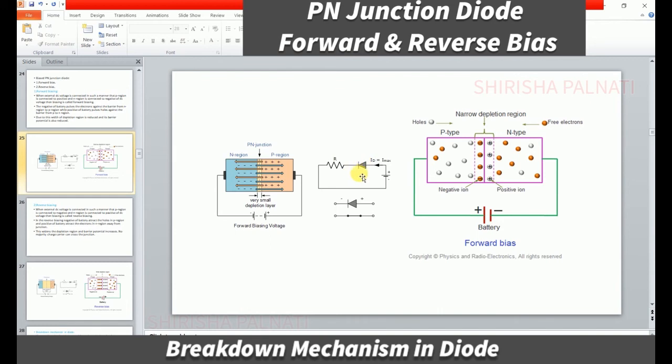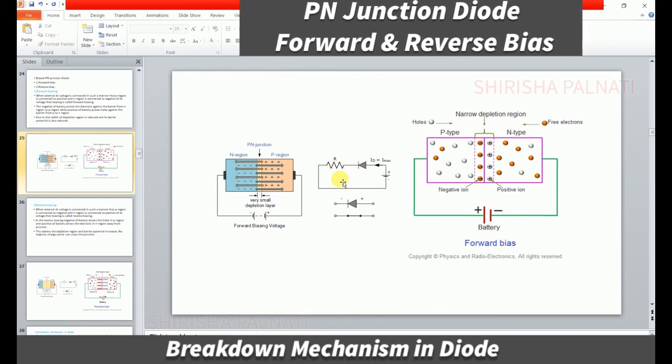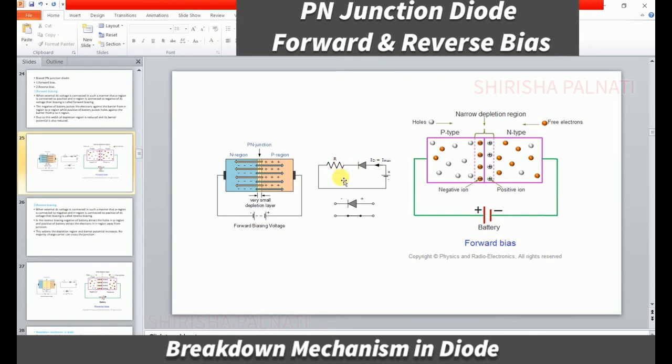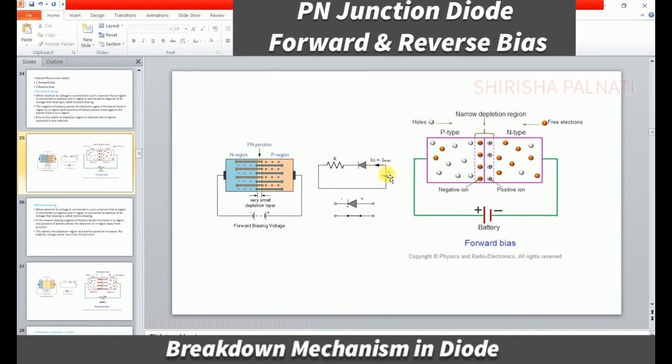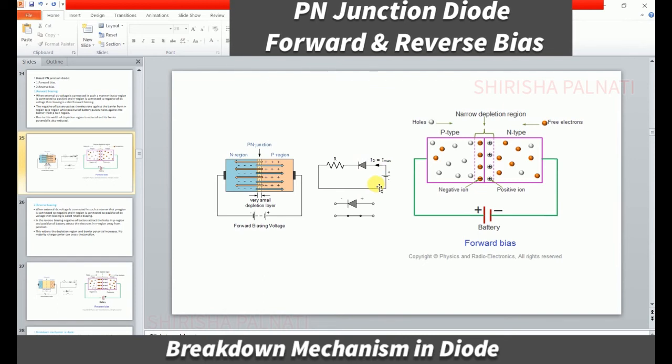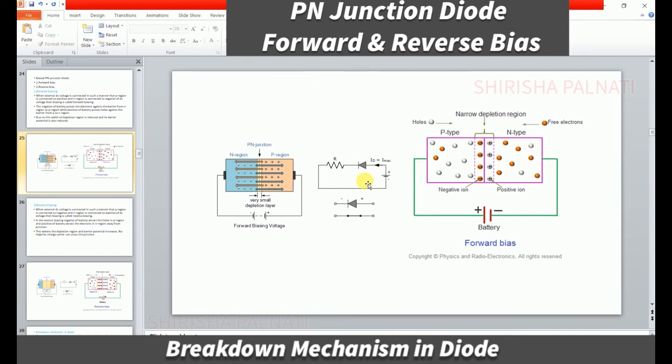We take one diode and one resistor, and in the circuit diagram the resistor is there for the flow of current. We connect the anode to the positive terminal and the cathode to the negative terminal. This is the basic circuit of the forward bias of a PN junction diode.